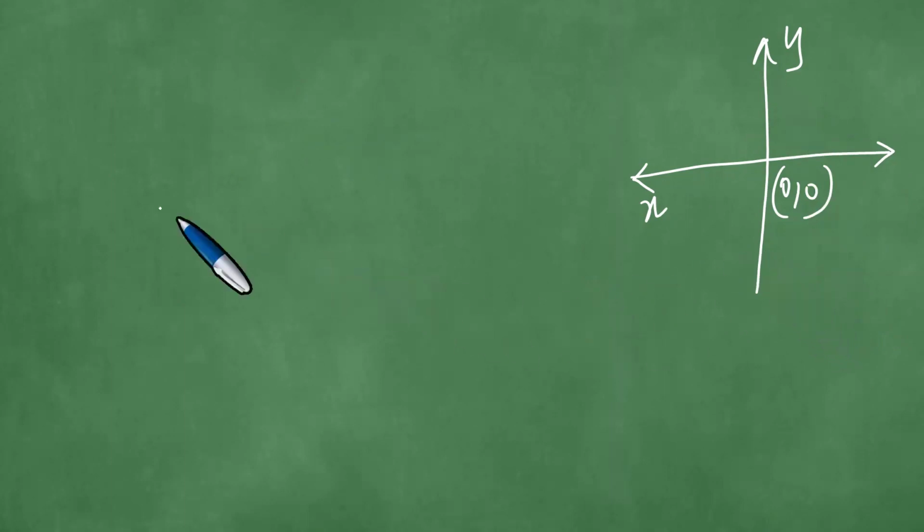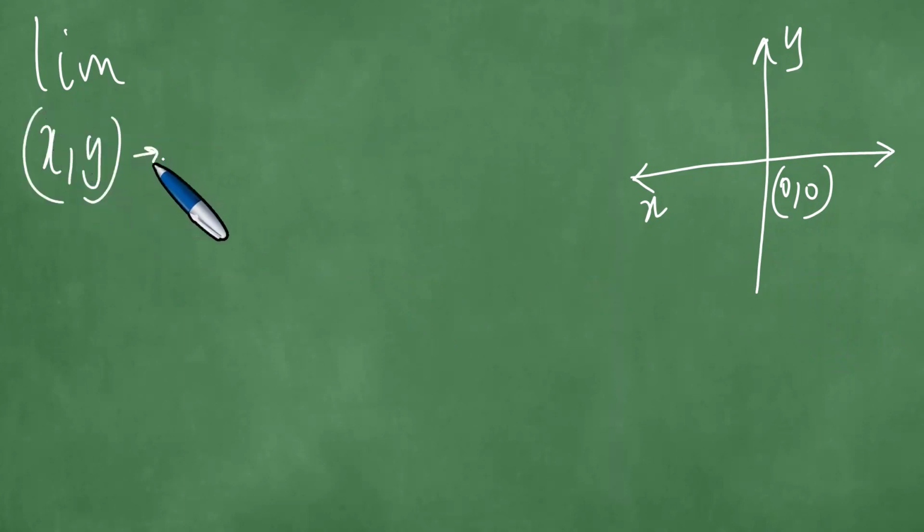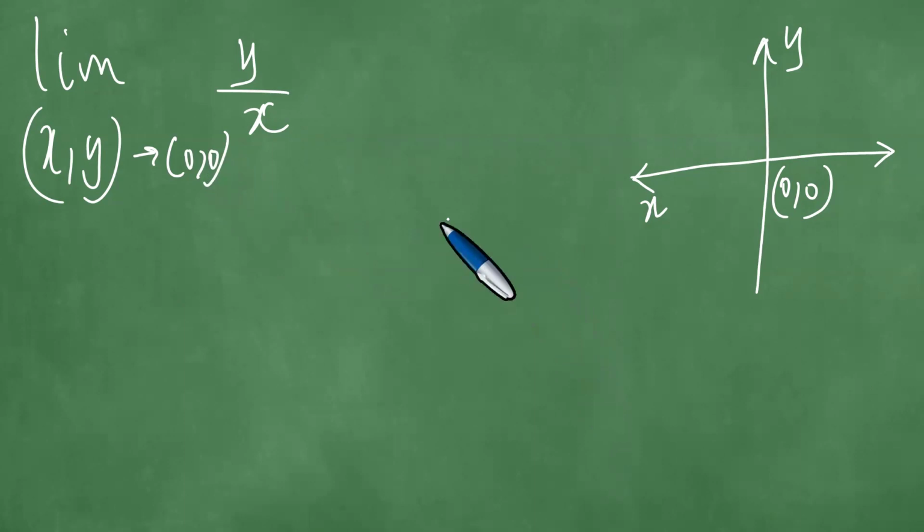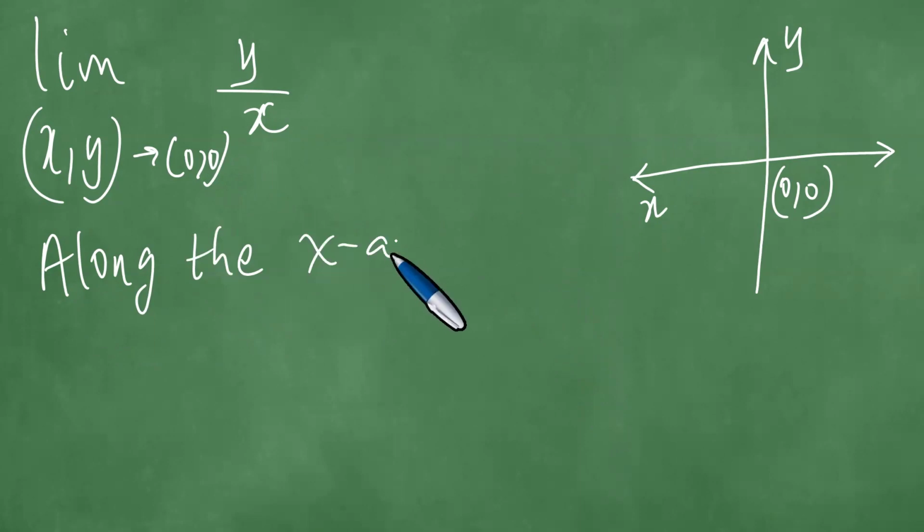So if we need to evaluate the limit, we can choose and say along the x-axis. Along the x-axis, we have that y equals 0. And therefore we can evaluate the limit.